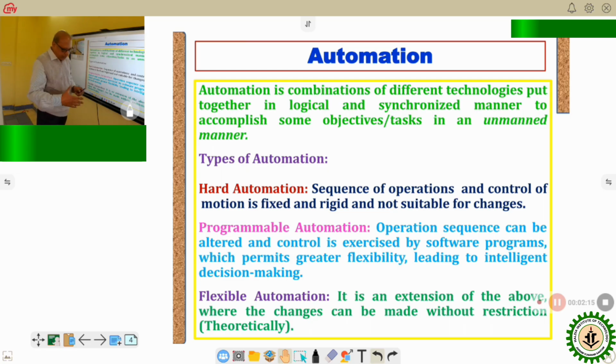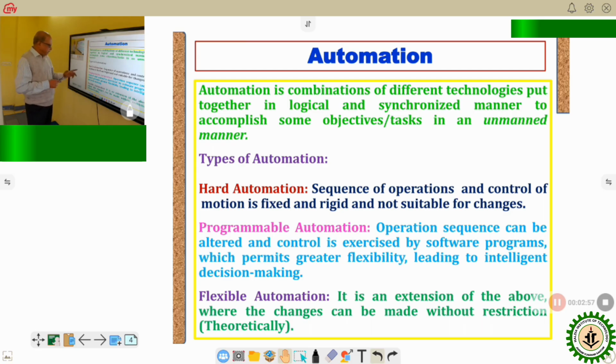How the machine tool activities, loading and unloading by robotic system, inspection, transportation system, tool management and the overall computer control system will be synchronized and coordinated, that aspect is to be considered so that a predetermined objective or task can be accomplished, and most importantly in an unmanned manner. That means execution, control and coordination are all taken care of by non-living systems in coordination with different modules.